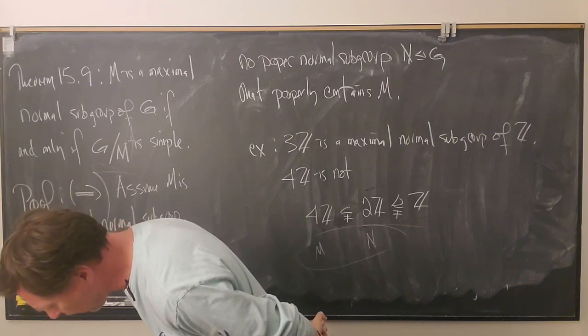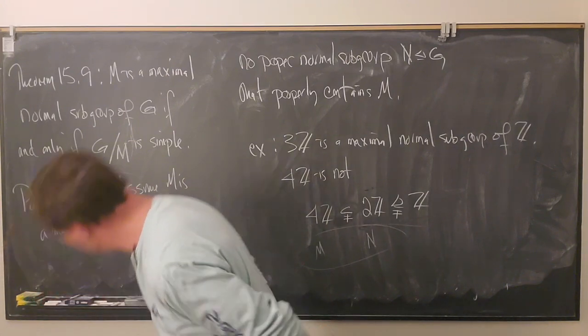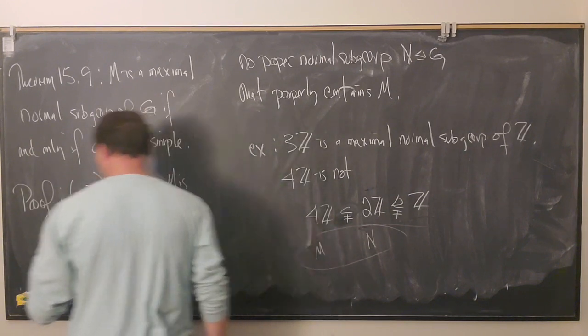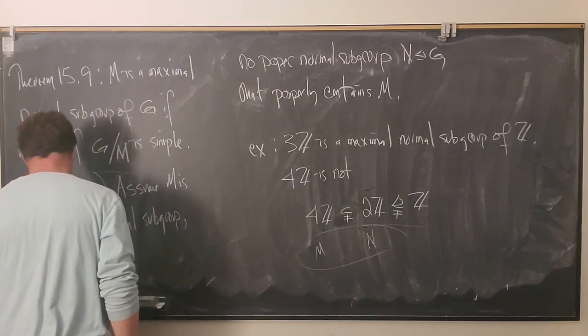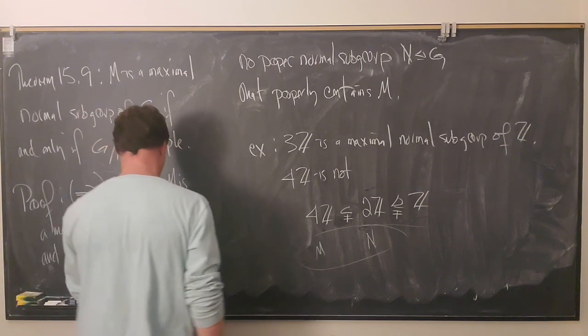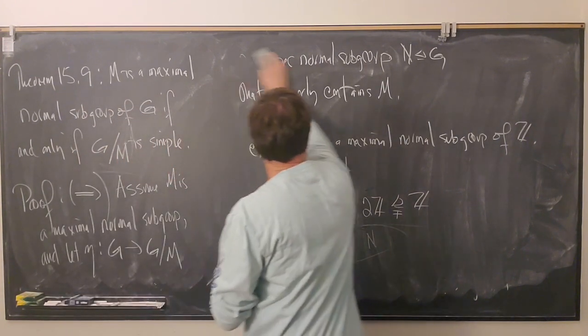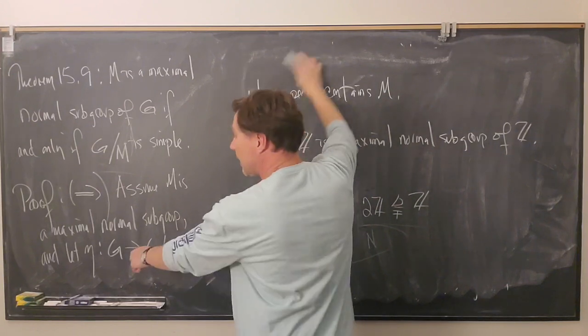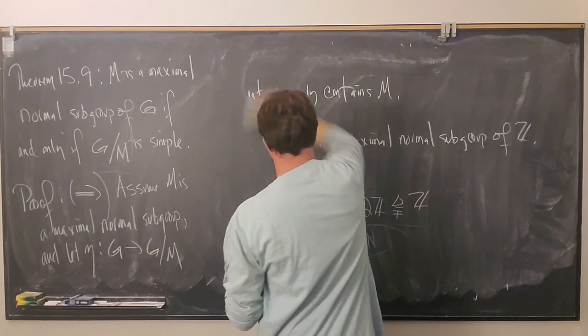And so I want a little piece of technology here. Let eta from G to G mod M be the natural projection. So what it does, it takes each element to its corresponding coset.